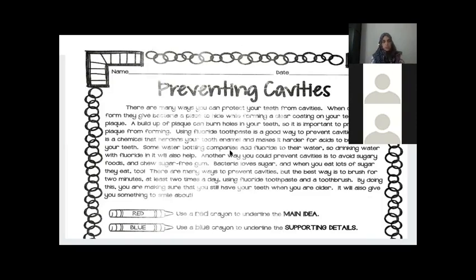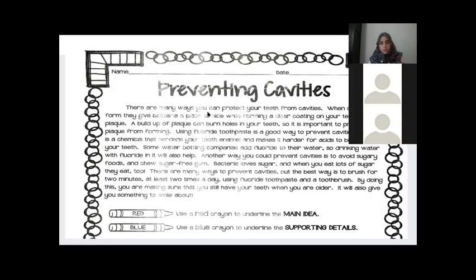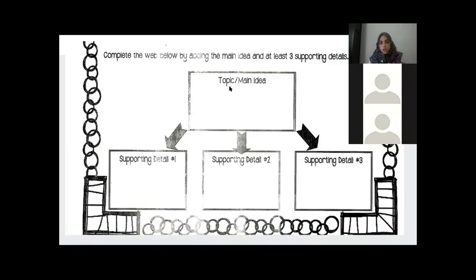So this is going to be your independent activity, your homework, and what you're going to do is first you will highlight the main idea, and then with a different color you're going to pick three important details, what you think is important, and then you will fill this chart. And then in your notebooks, on a clean sheet of paper, you're going to use your main idea and your three supporting details, and you will summarize the text.